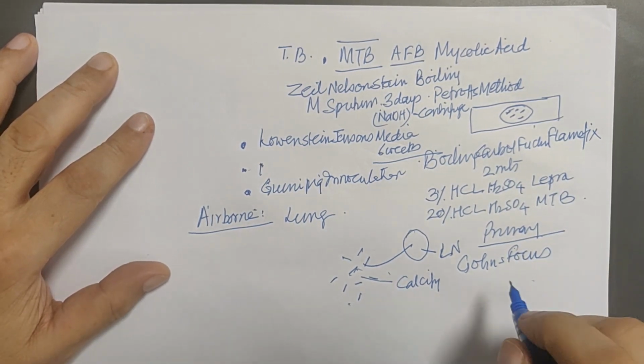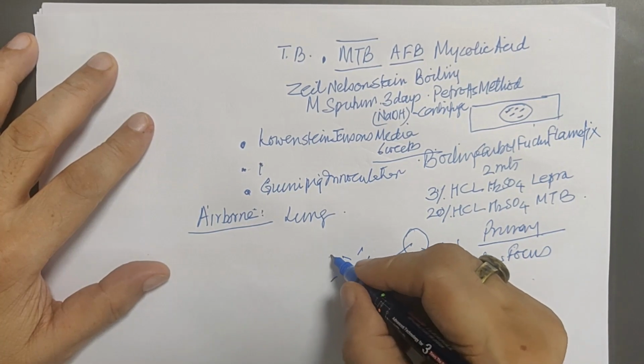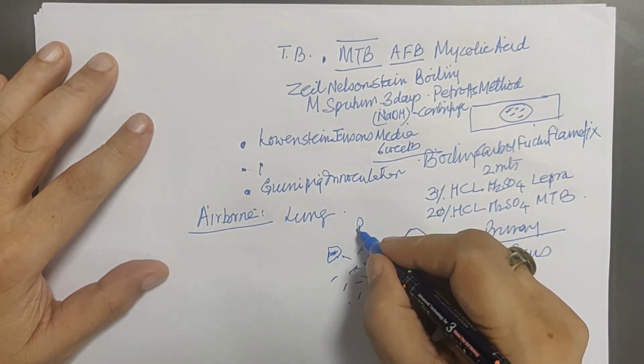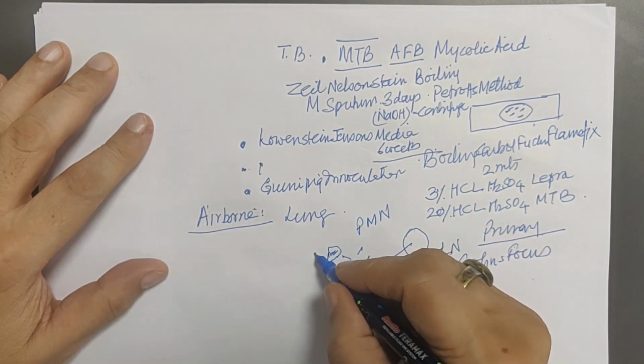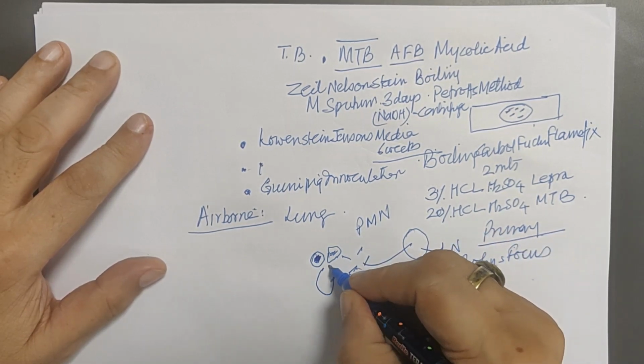If there is immunity, the bacteria would get surrounded by polymorphonuclear cells. First is polymorphonuclear cells. Then you have lymphocytes and epithelioid cells.